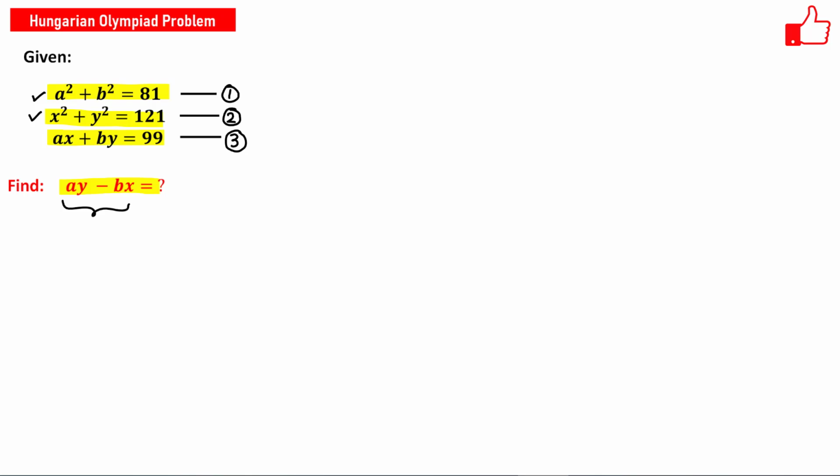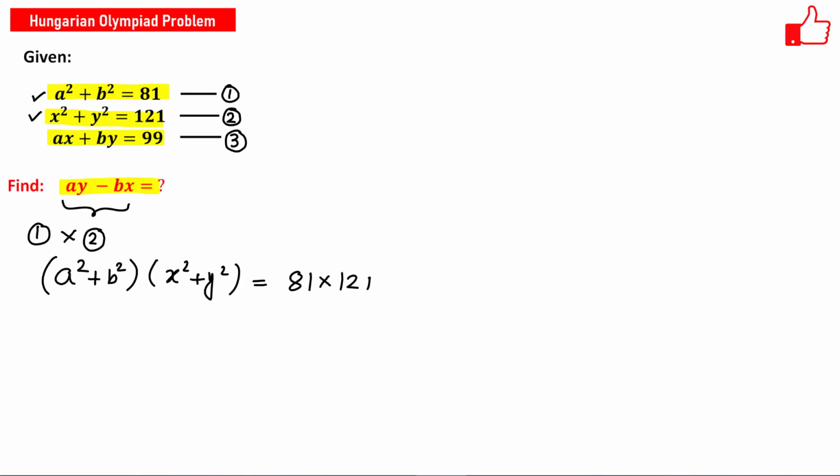So let us multiply equation 1 and equation 2. So 1 multiplied by 2. On the left hand side we will have (a square plus b square) times (x square plus y square), and this is equal to 81 times 121.